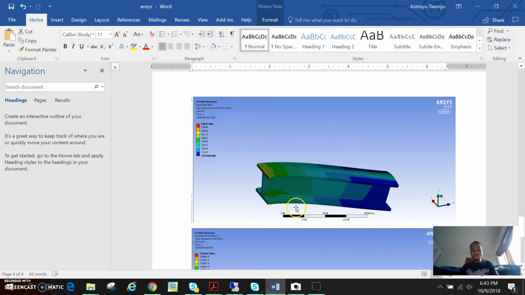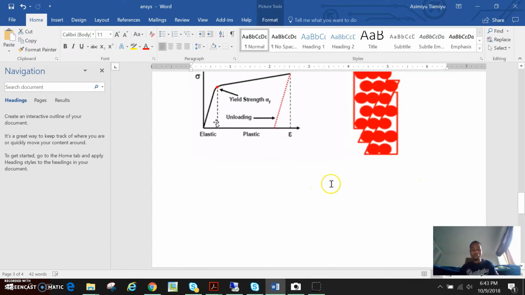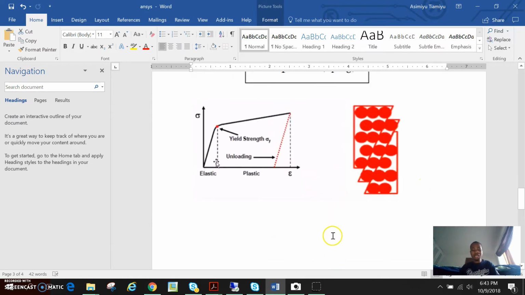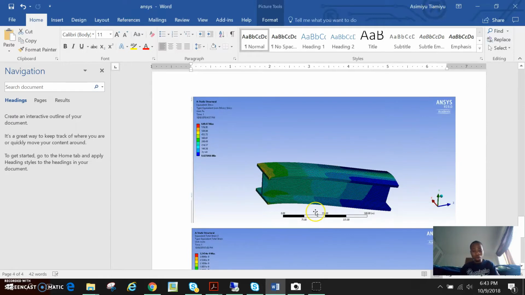So in the last section of this video, I would like to show you the ANSYS deformation that we are going to see if I model that beam with the equations and the parameters, to verify the plastic deformation. That means if I increase my load beyond the yield strength of the beam, whatever type of beam I chose, it might be steel, it might be stainless, but I think I would like to use a structural steel or something like that.